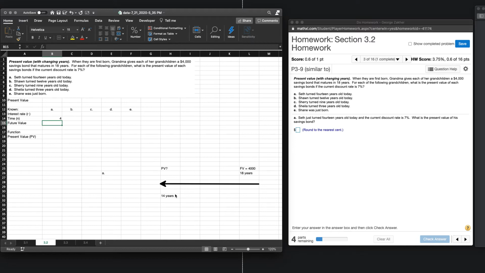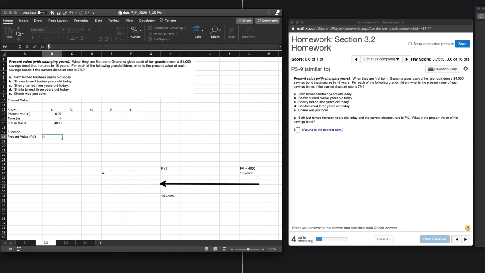Now that we've visualized that, we can complete the known variables. The interest rate is 7%, and our future value is the $4,000 that we discussed, the maturity value of that bond. Now we're trying to figure out the present value, so we can use our formula.